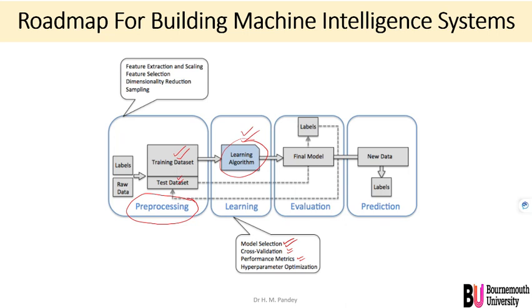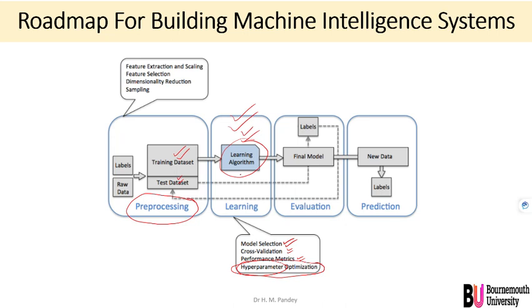There are several performance metrics you can use to understand how your model is behaving. If the model is not showing good results, you will make changes in the parameters. This is called hyperparameter optimization. We will discuss all these things one by one, but since this is the first lab where you are going to develop your model, you should know the steps. This process is called learning. Basically, you are giving training and making your model learn.